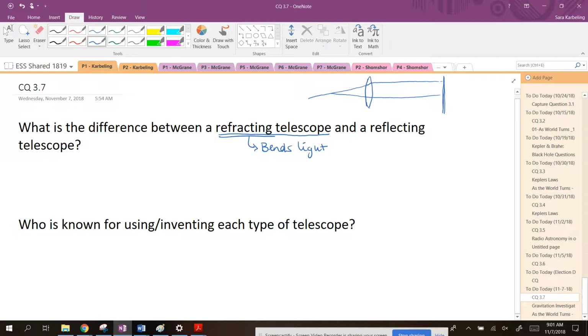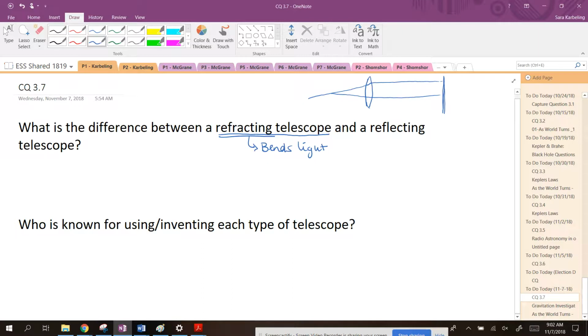What does the word reflecting mean? What does it mean to reflect? It sends it right back. It bounces, right? If you look at a mirror, you look at your reflection. Are you with me there? You've heard that word before. It's reflecting. That's exactly what it's doing.